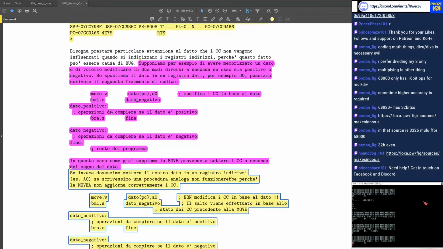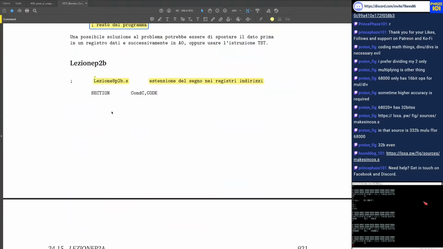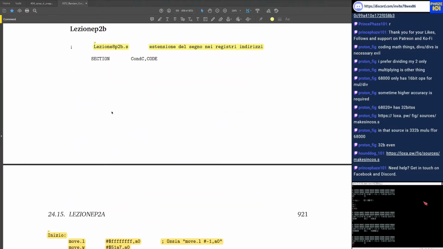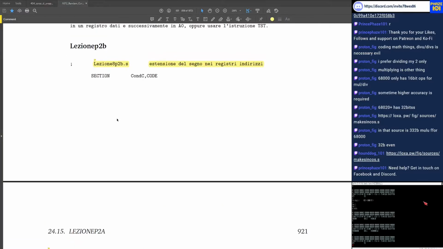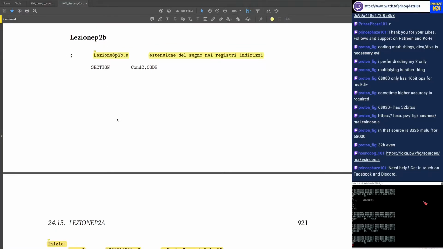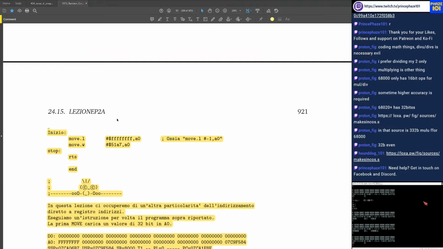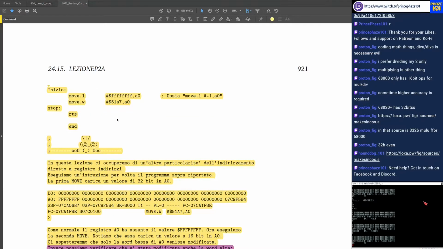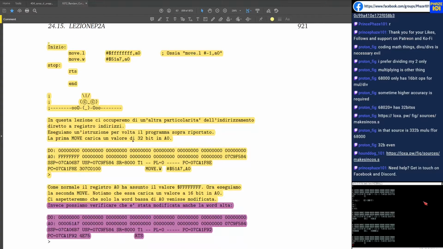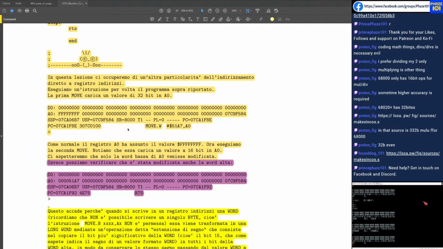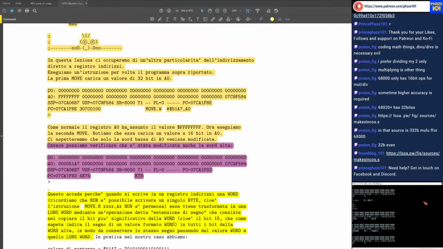So we're doing 2B now. He's going to talk about address registers, but what happens when we have signed numbers. I think this one is best if I show it.